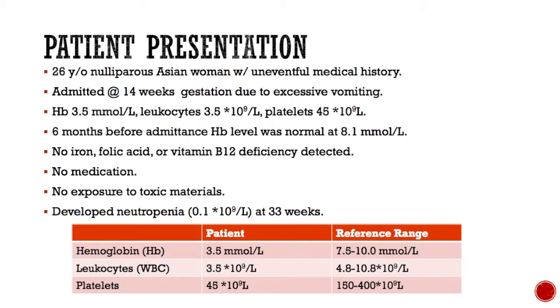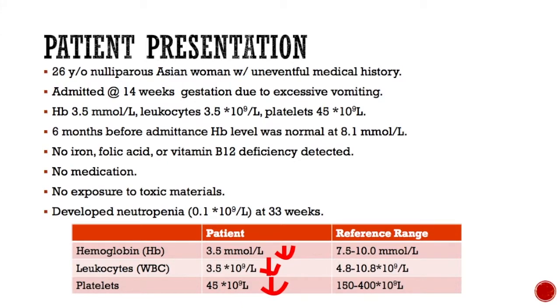So in this case study, we have a 26-year-old nulliparous Asian woman with an uneventful medical history. And nulliparous means that she wasn't pregnant before this, and she was admitted at 14 weeks gestation due to excessive vomiting. Her hemoglobin levels, leukocyte levels, and platelet levels are all decreased compared to the reference range. But 6 months before admittance, her hemoglobin levels were normal.